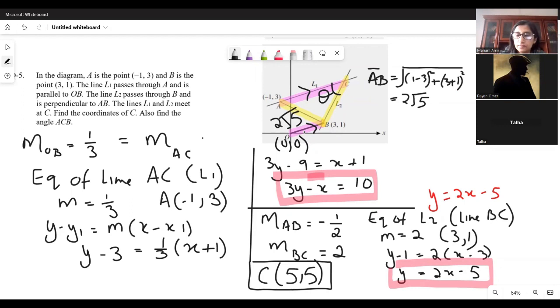Now let's find BC, length of BC. What is that? C came out to be 5, 5. So 5 minus 1 whole square plus 5 minus 3 whole square. What is the length of BC?